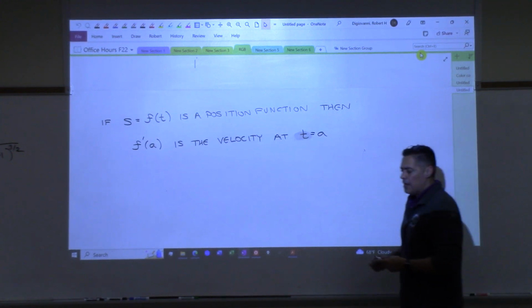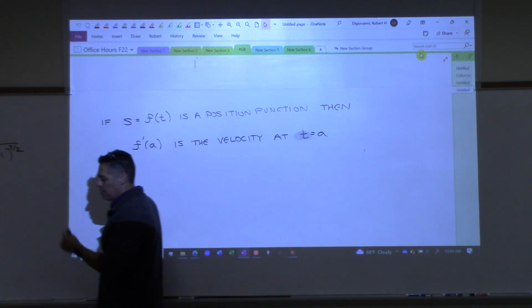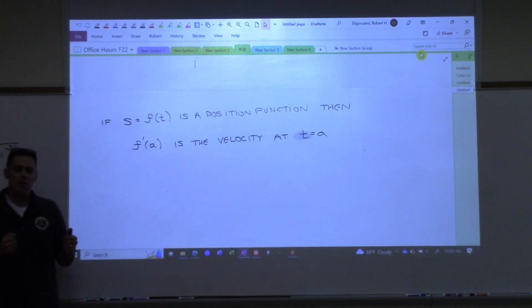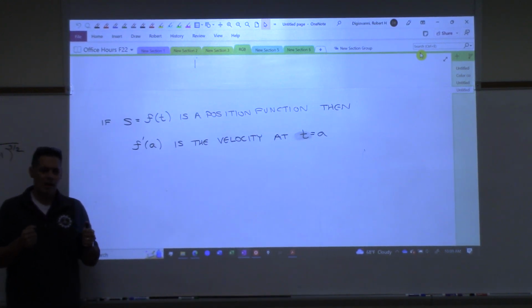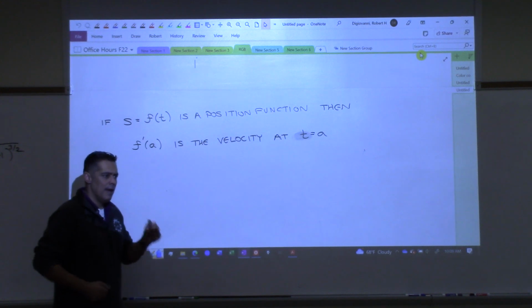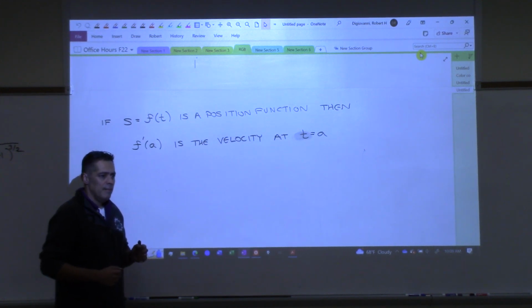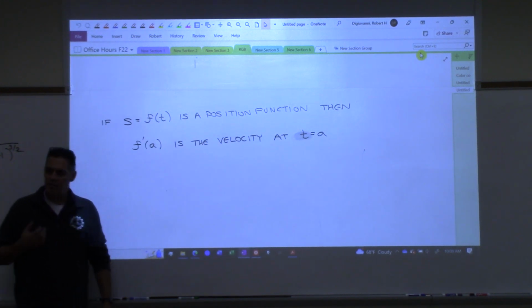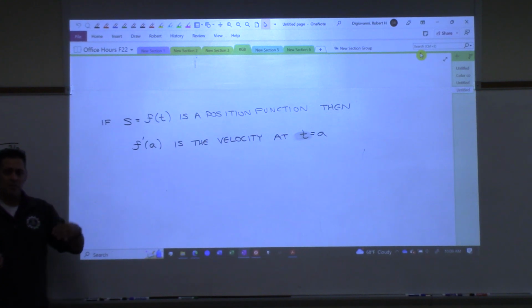So in the very beginning of this class, do you remember me talking to you about if you're driving your car? You're driving and you look down at your speedometer and you see your speed. At every instant, like if I'm running, I have a speed at every instant. But if you actually try and calculate it, there's a problem because you have to do distance over time and you haven't gone any distance and there's no time.